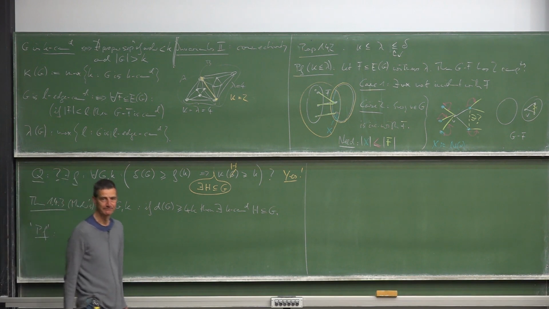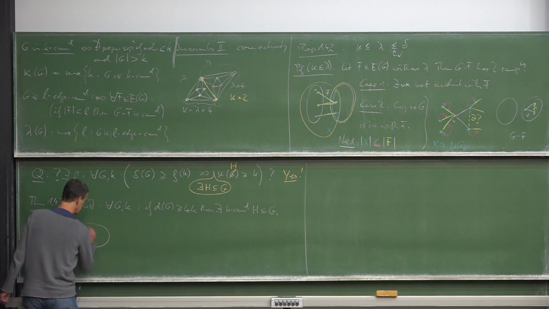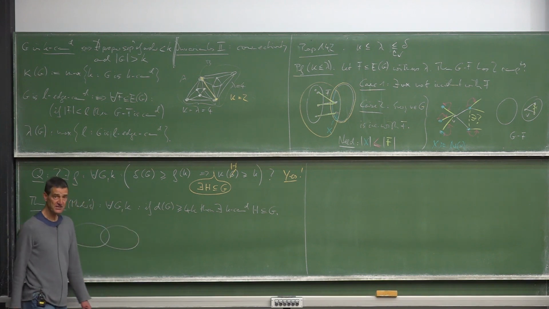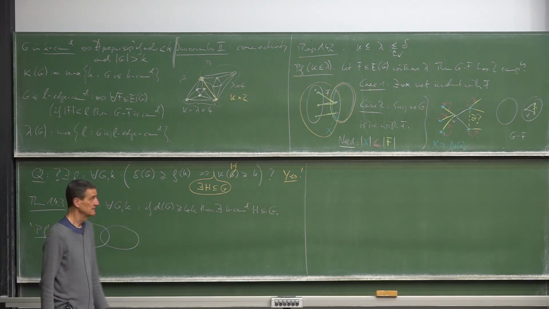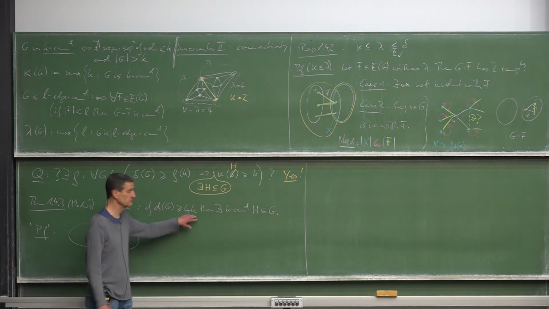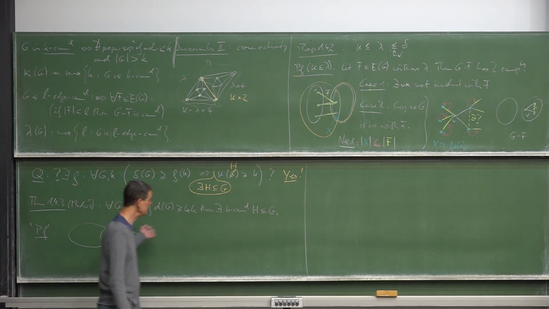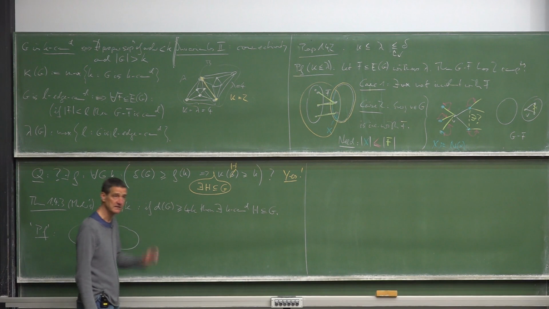We just do induction. All right, so we look at G itself. If G is k-connected, then that's what we want. So we're taking a graph of average degree at least 4k. All right, so if G itself is k-connected, we're done.